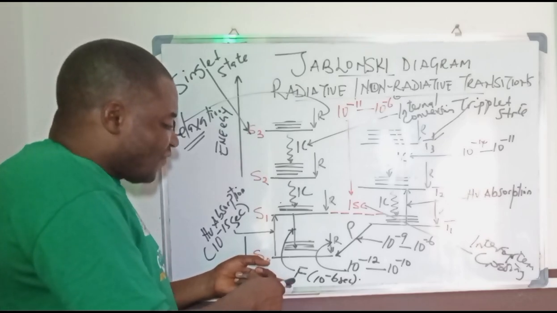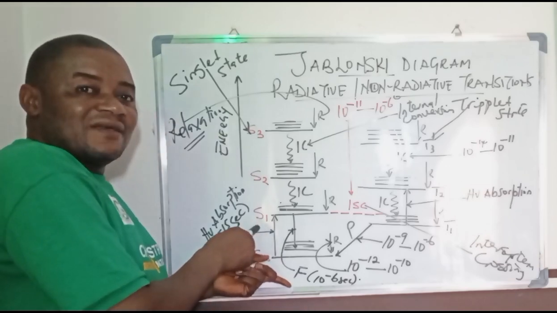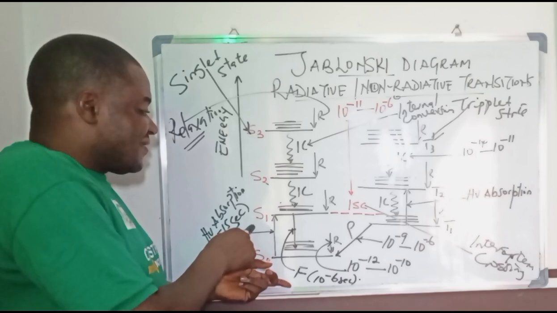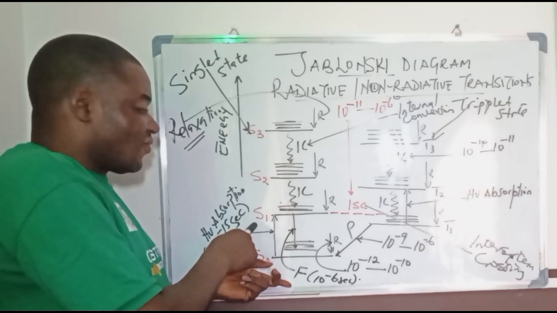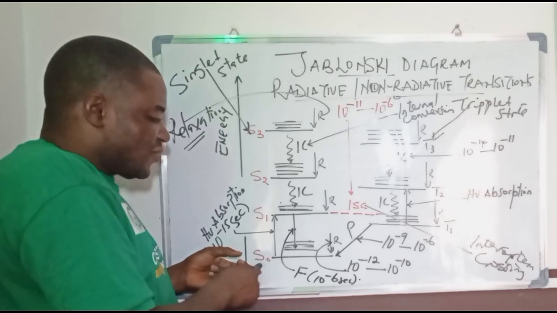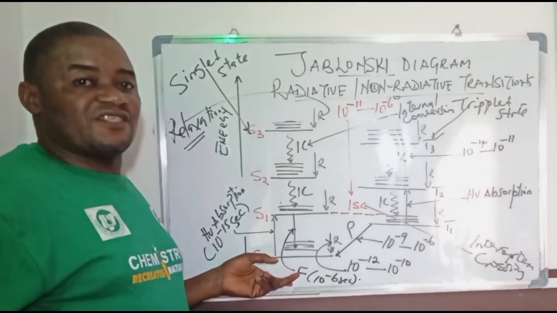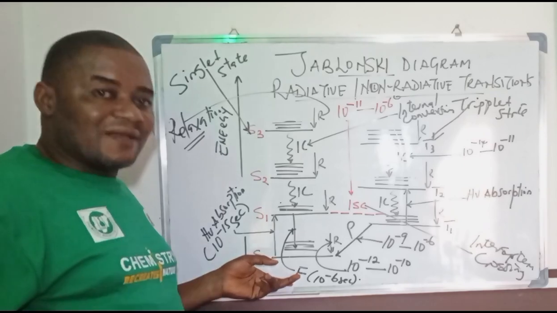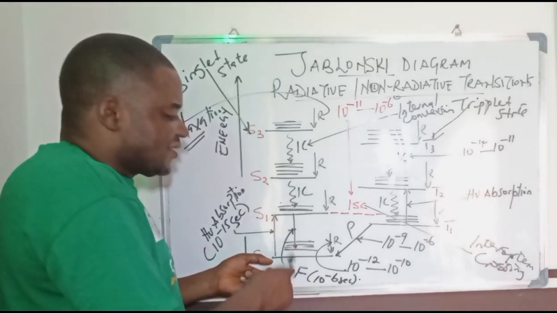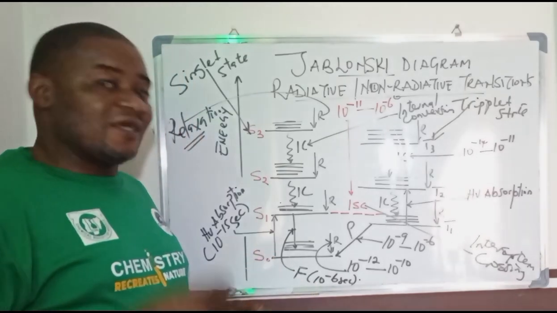And usually this fluorescence, which is the light emitted when a particular photon or molecule loses energy and decides to fall back to the S0, is always called fluorescence. And this fluorescence is always called allowed transitions. They're always called what? Allowed transitions. Now, allowed transition because these transitions at this point in time take only about 10 raised to the power minus 6 or 10 raised to the power minus 8 seconds to occur.